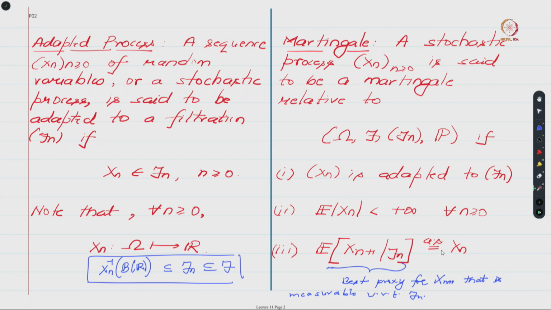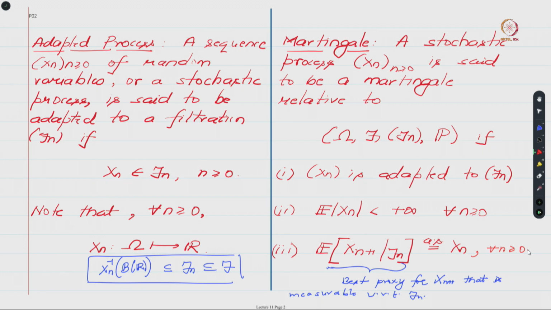A Martingale is a stochastic process which has three properties. The first is that the stochastic process is adapted to Fn. The next is that each element in this sequence is integrable, and the third is that the conditional expectation of Xn plus 1 given Fn equals Xn, and this property should hold for all n bigger than or equal to 0.